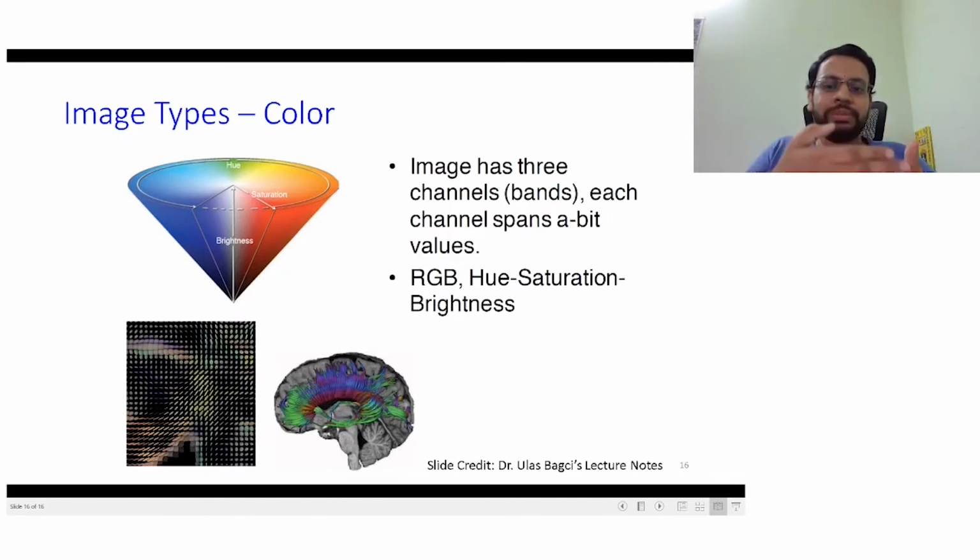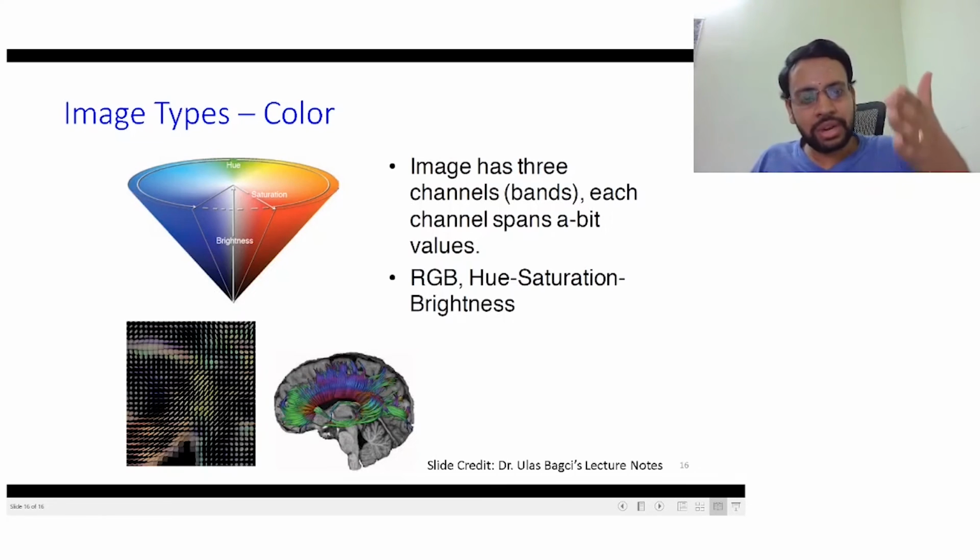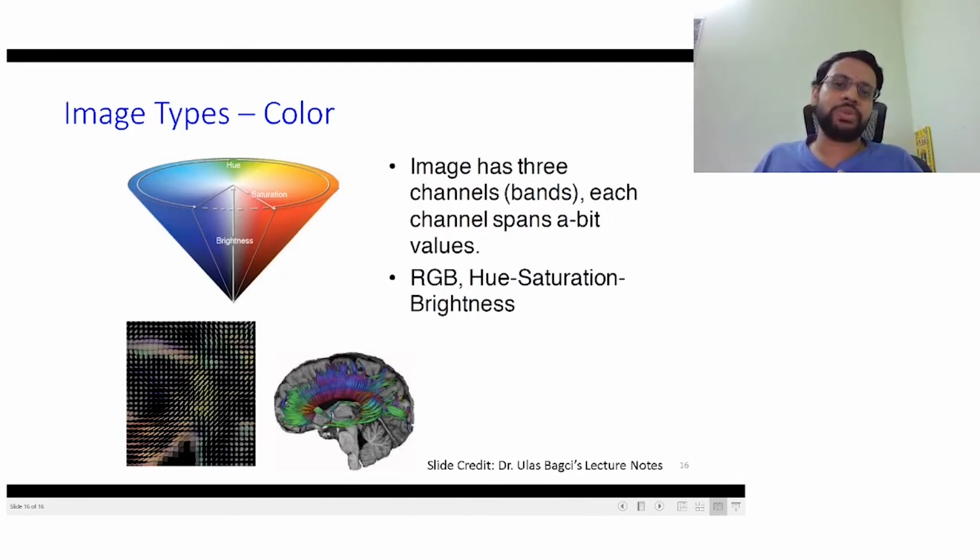So you could think of them as three grayscale images. One represents the red channel intensity value, another the green channel, and the last one the blue channel. Again, the distinction need not always be red, green, blue.